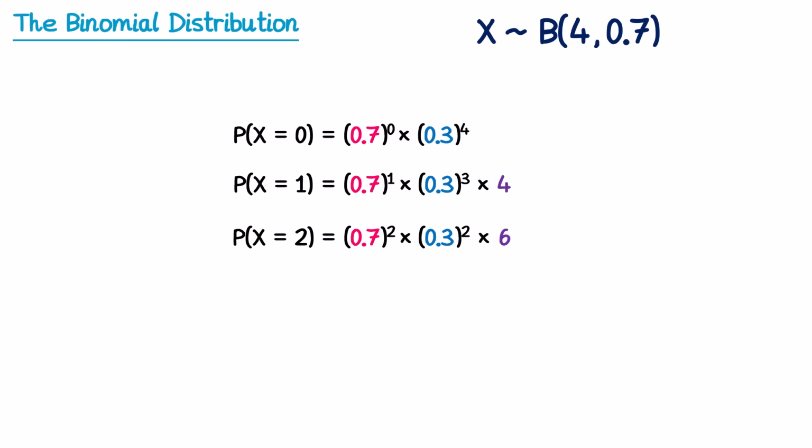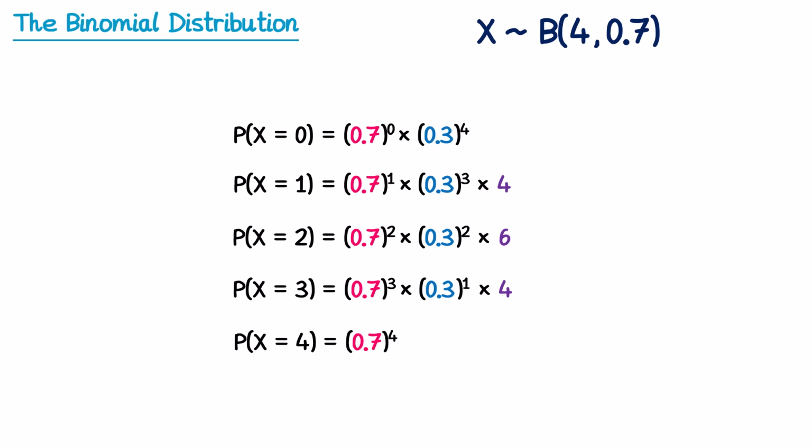For the probability that x is 3 then, we do the success probability to the power 3, the failure probability to the power 1, and then multiply this by the number of ways, which was 4. And for the probability that x is equal to 4, we'd be successful 4 times, so success probability to the power 4, multiplied by the failure probability to the power 0. Now technically we could also say there was one way of doing the first and last example here, so we could multiply these both by 1.